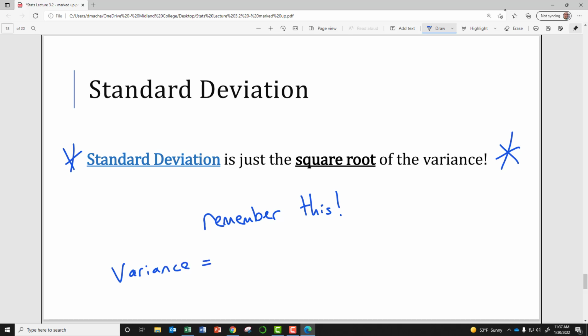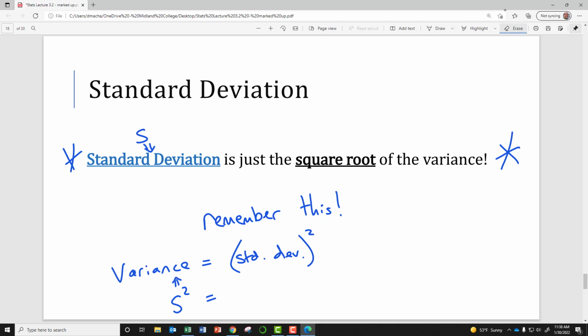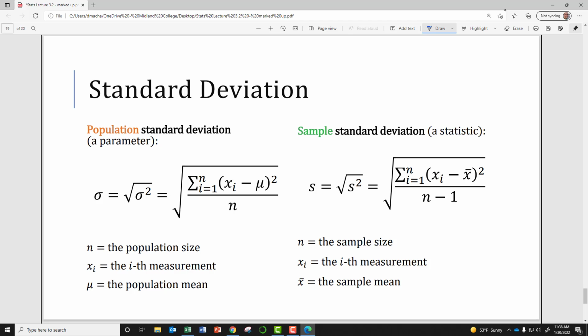And this actually comes up in the way that we use our notation, because for variance, we use the symbol s squared, and for standard deviation, we use the symbol s. So just in the very symbol we use, you can see the relationship between standard deviation and variance.